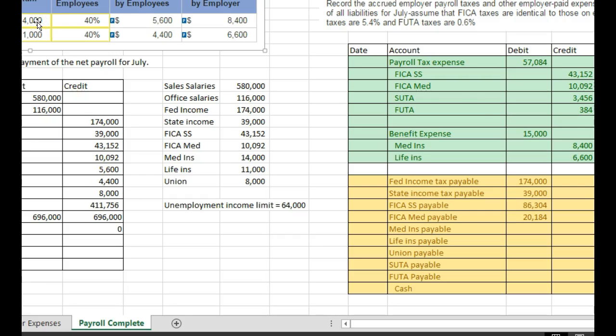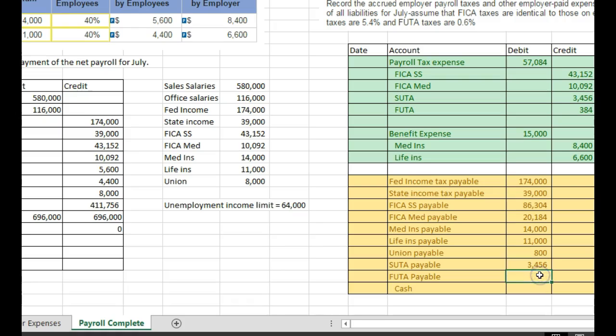You add the two together. So the medical is $14,000. And the life insurance is $11,000. The union payable is $8,000. And the SUTA payable we have up here is $34,506.